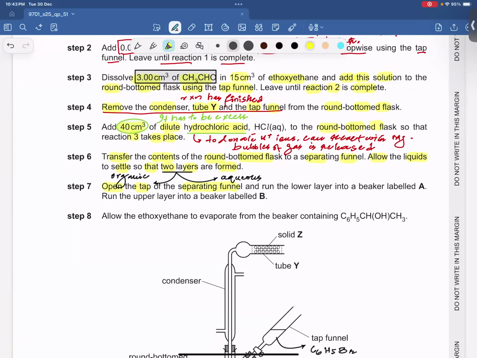Open the tap of the separating funnel and run the lower layer into the beaker labeled A. By the way, the lower layer is collected in this beaker A, and this lower layer means higher density.